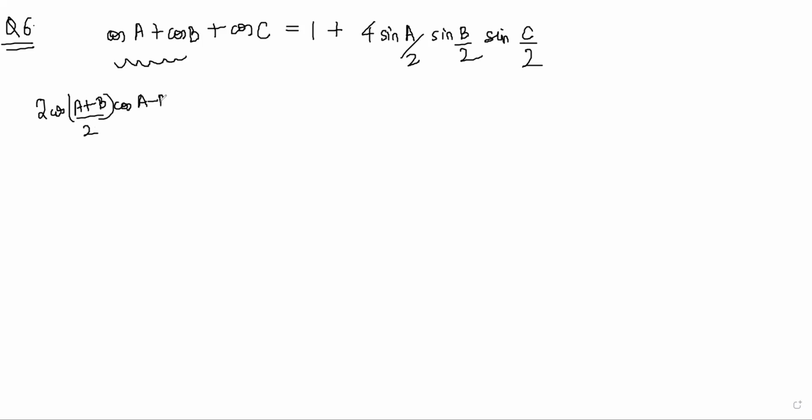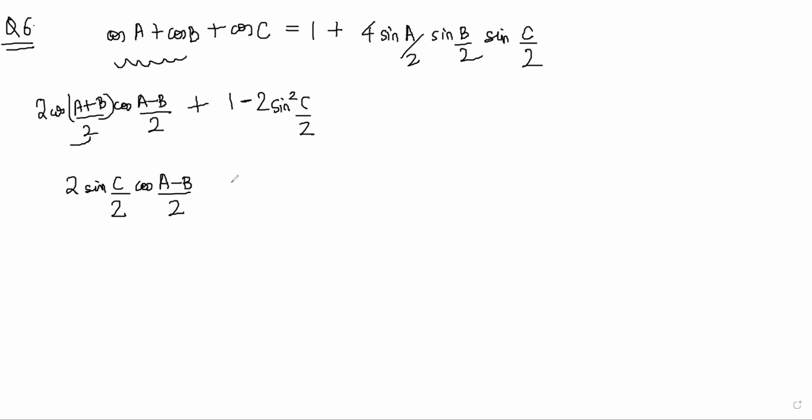So 2 cos (a plus b) by 2, cos (a minus b) by 2, plus 1 minus, or rather plus 2 cos square c by 2 minus 1. Or maybe 1 minus 2 sin square c by 2, because this one will become sin c by 2, right?